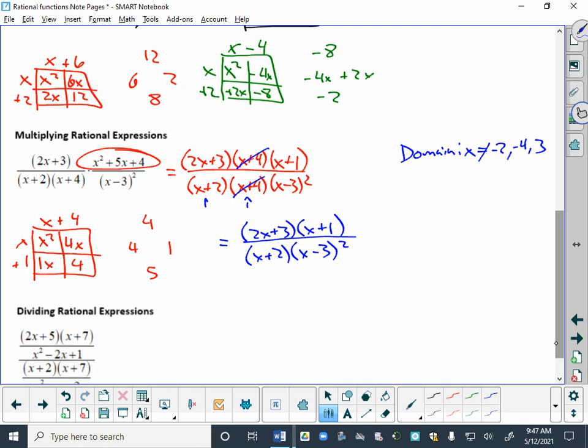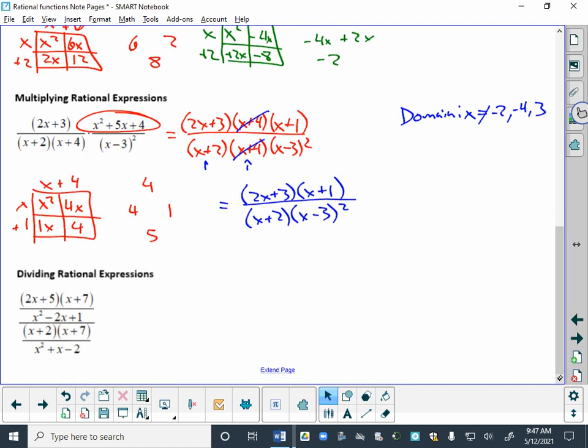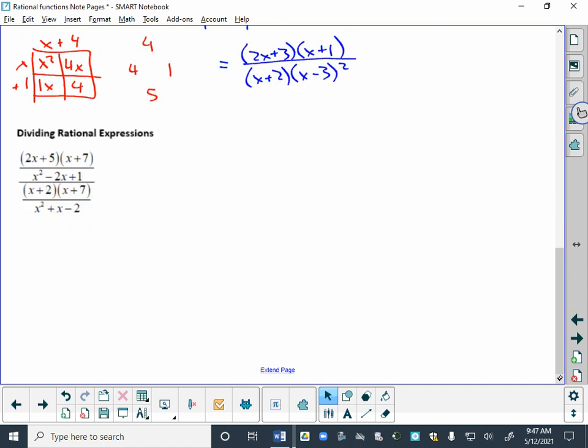So I'm not going to multiply these things back together. I don't know what it is that they want me to do with this, but I'm pretty sure that whatever it is, I'm probably going to want it to be in this factored form. There are some exceptions to that, but most of the time that's what we're looking for. And again, you don't see the x plus 4 in the denominator anymore, but it was there originally, and so it can't be a part of that domain.